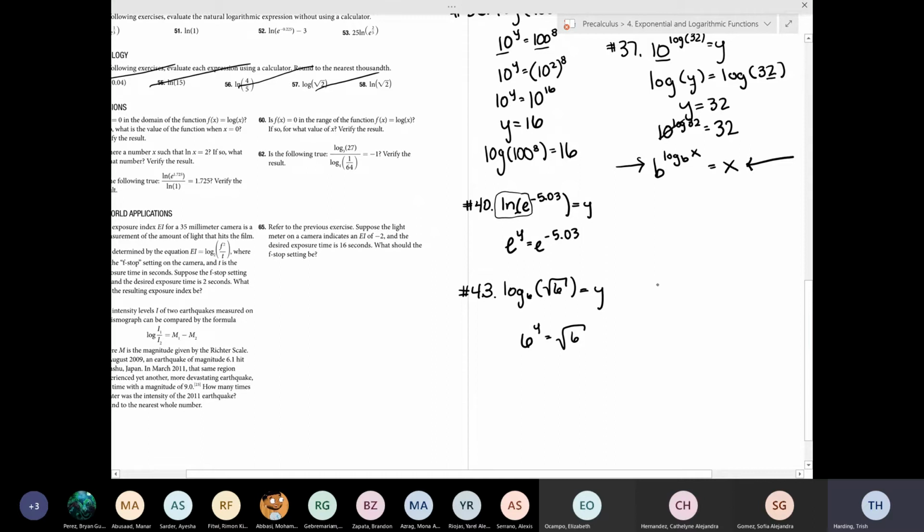Another thing about exponents that you have to remember is whatever root you have, you can raise it to the power of a fraction, and they're the same thing. So I would have 6 to the y equals 6, and this is a square root, so it'd be 1 over 2, because there's that little imaginary 2 here. So y becomes half.